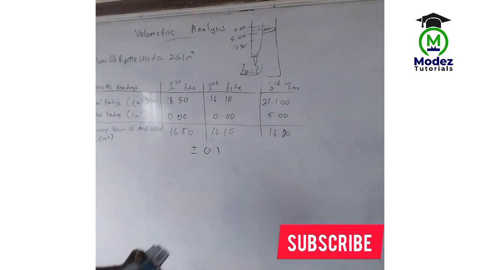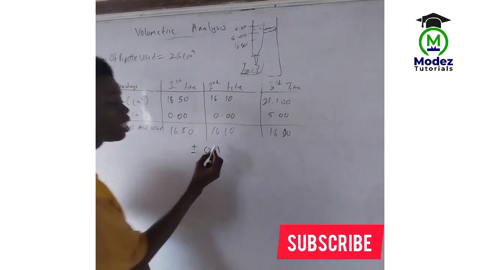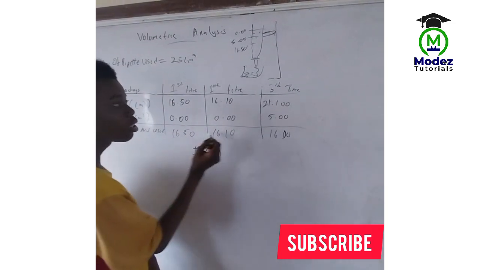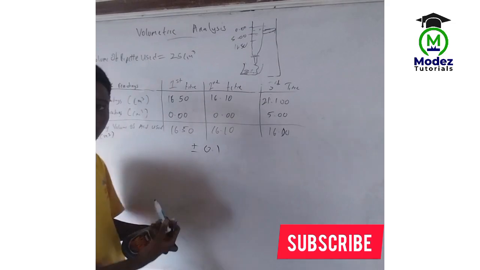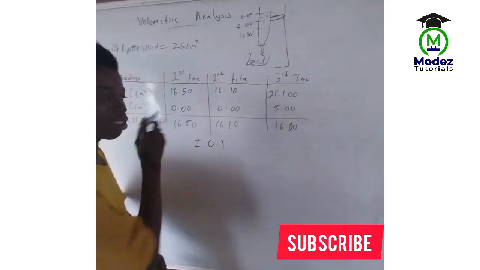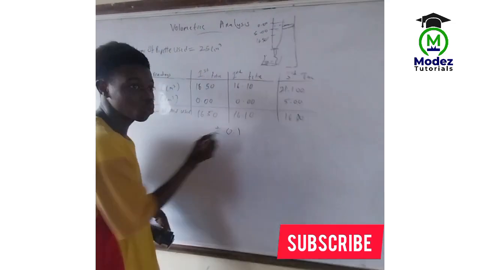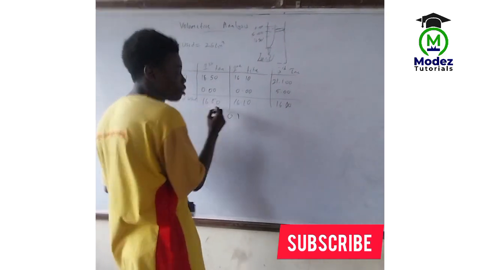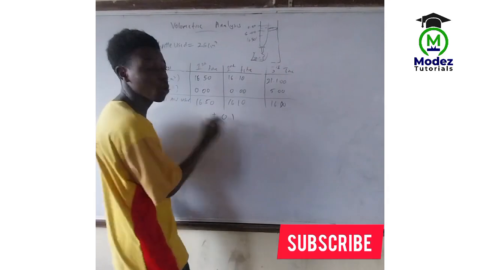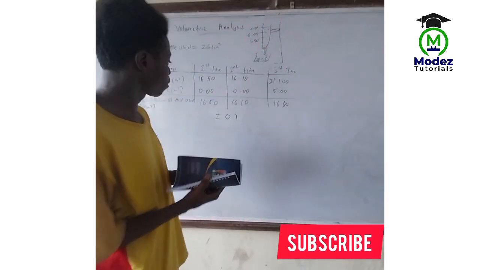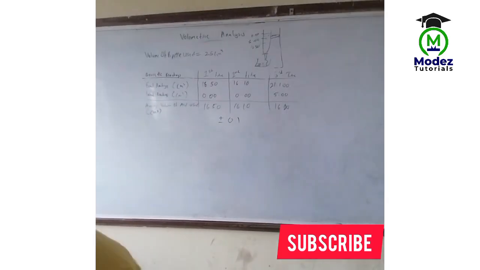But that's not what you are using. I'm just trying to tell you that if the difference between one titer value and another is too great, there is no concordance, so you have to take it out and use it as the rough, because if you use it, you might end up not getting an accurate result. That's why you have to make sure that they are concordant. So now let's go to the calculation.